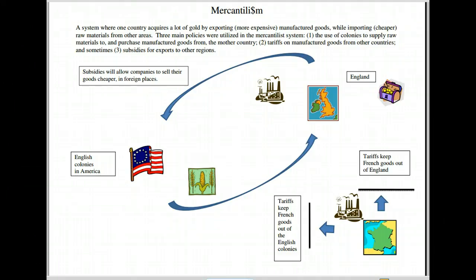Expensive raw materials would make French manufactured goods more expensive, and when French businesses wanted to compete against English finished goods, the French would be at a distinct disadvantage and would have to raise the prices of their goods in order to pay for those more expensive raw materials. In order to survive then, the French would be forced to send out colonies even if they hadn't originally planned on doing this.